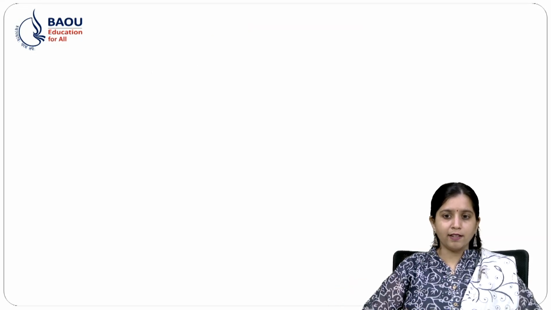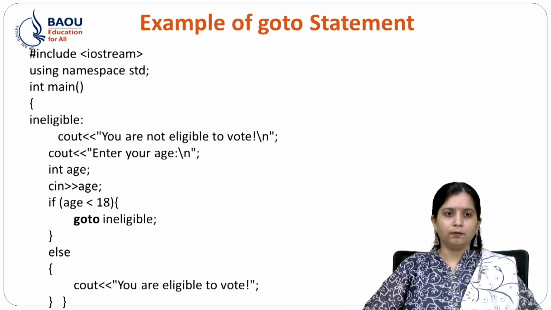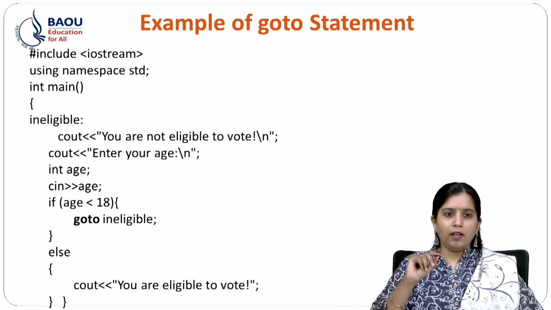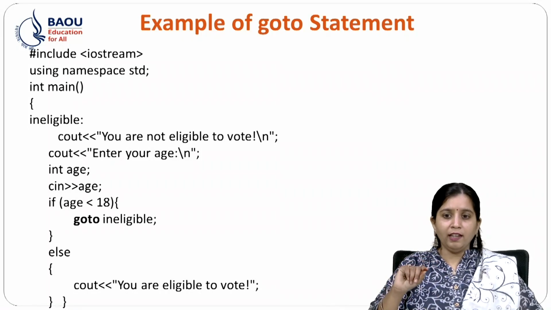So let's see the example of the goto statement in detail. First we include iostream, and in int main we have one label, ineligible, and under it cout, you are not eligible to vote.